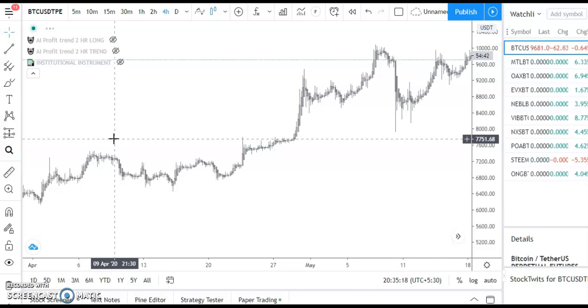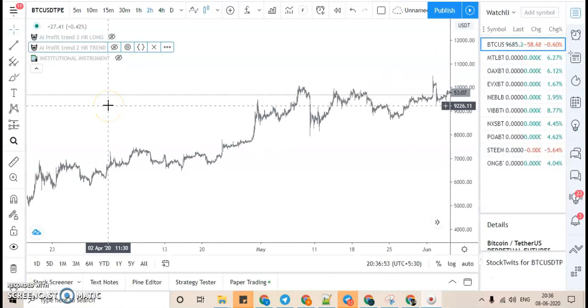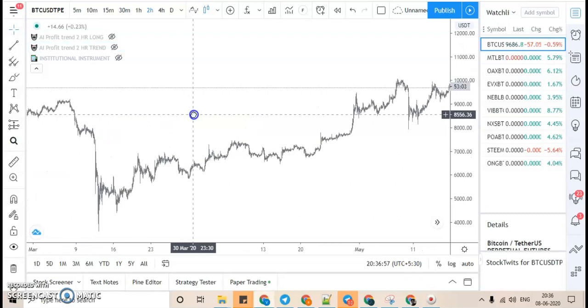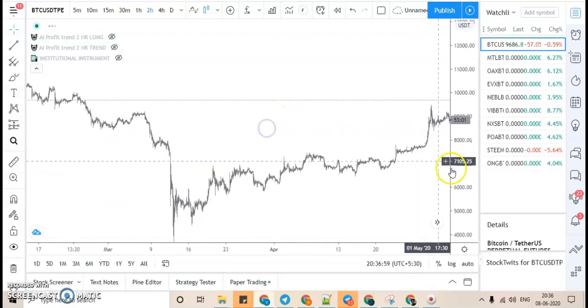If it is going down, they have one target price in mind where to accumulate, and they will start accumulating from there.